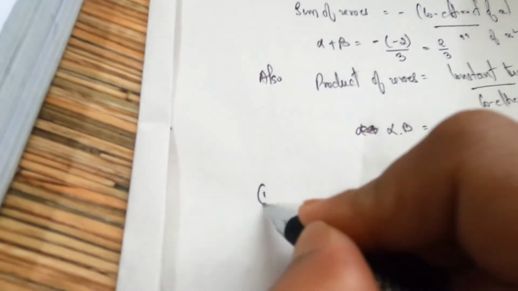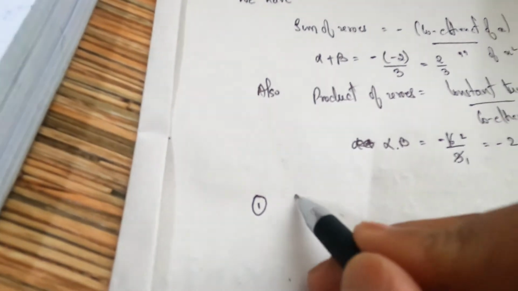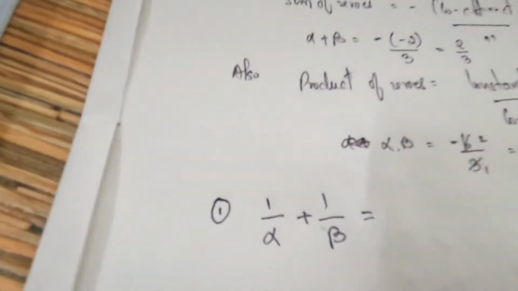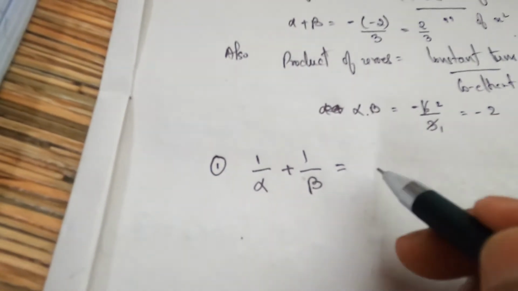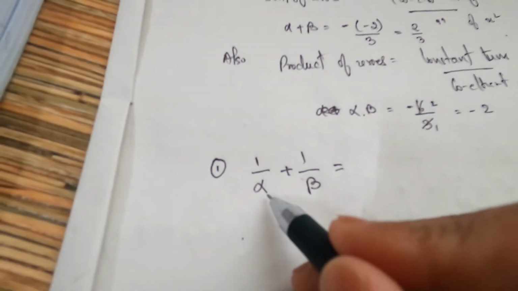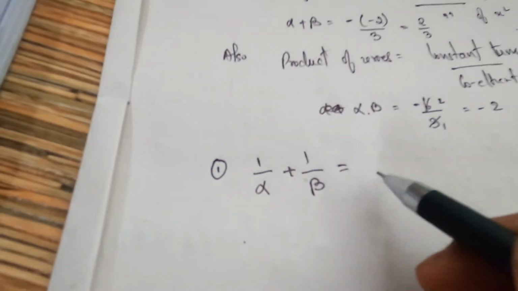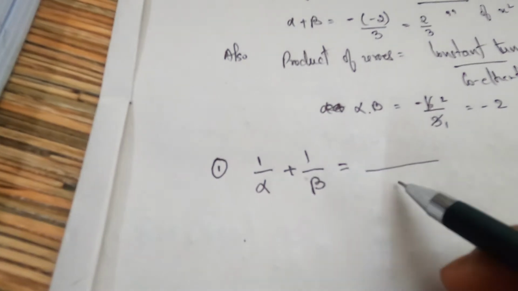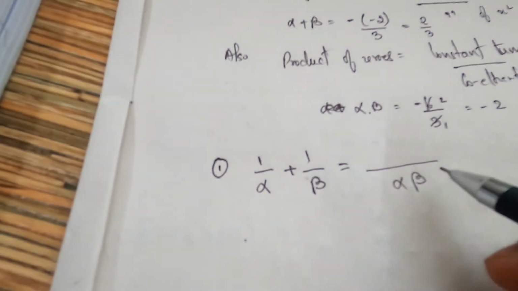Alright, so number 1, we have 1 by alpha plus 1 by beta. Let us simplify this one. We will take the LCM, which in this case will be alpha beta.